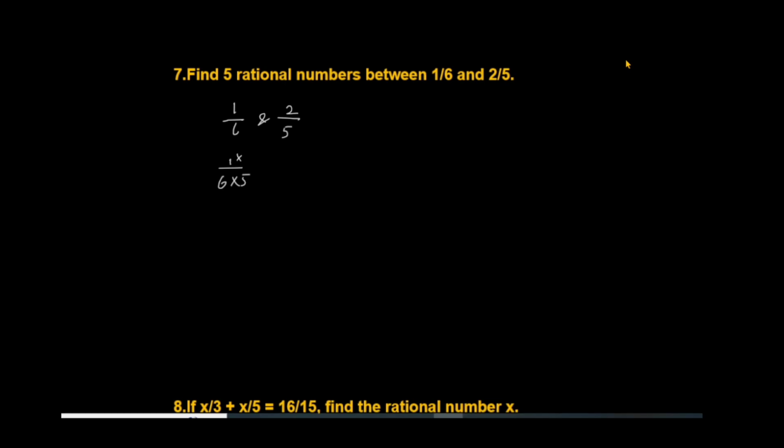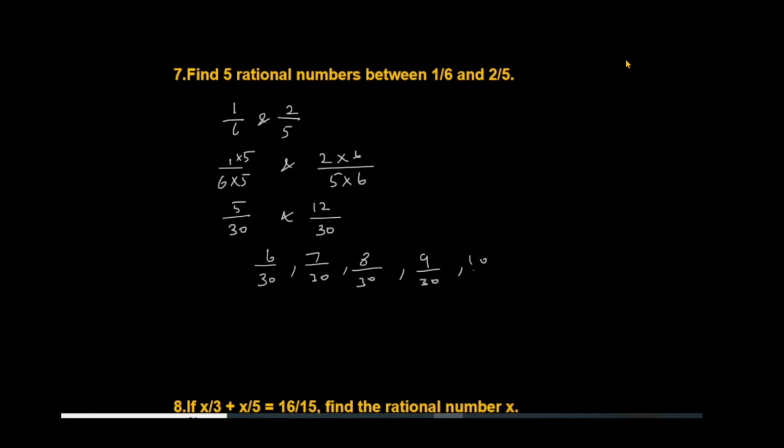So while we are making that a common denominator, multiply the first with 5 and the second with 6. 5 by 30 and 12 by 30. So here itself we are having many numbers. 6 by 30 is one number, 7 by 30, 8 by 30, 9 by 30, 10 by 30. These are the 5 numbers. Some other numbers, 11 by 30 also is there. So 5 numbers we can take.